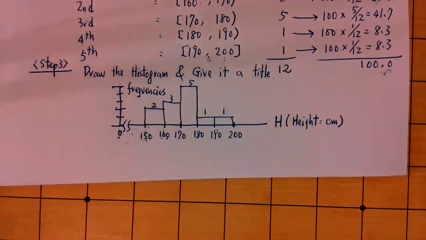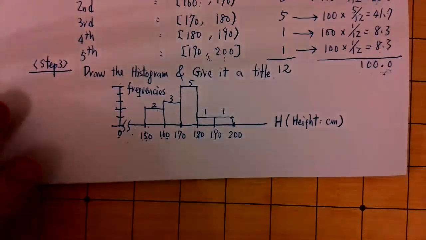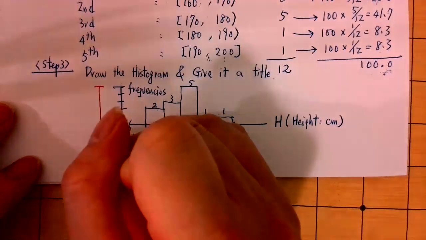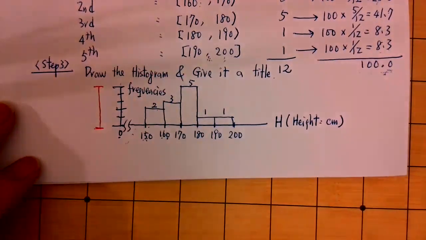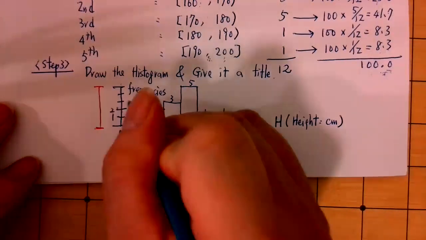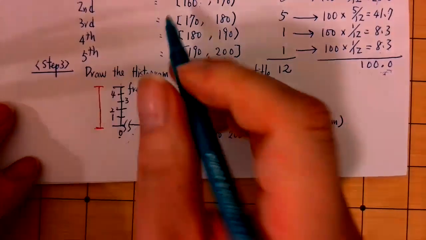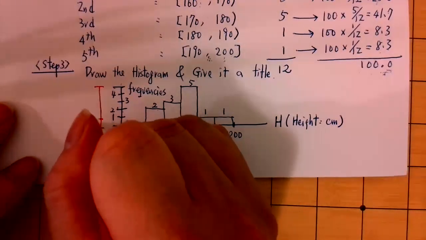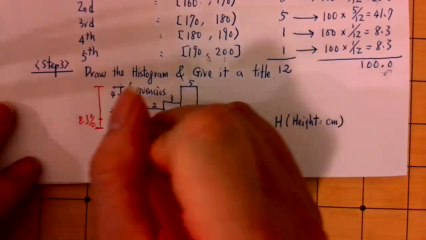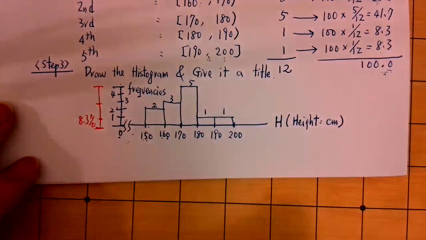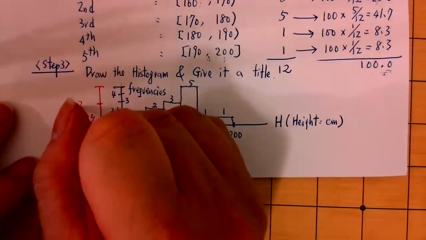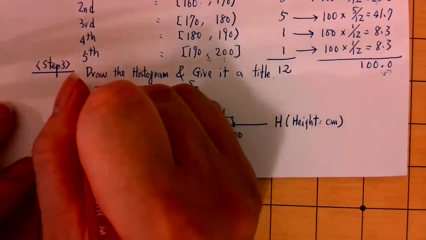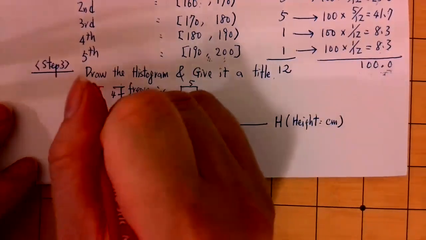And the vertical axis, you can use frequency, but you can also use what? Relative frequency. So 1 converts to 8.3%. 3 converts to what? 25%. 5 converts to 41.7%, and so on and so forth.